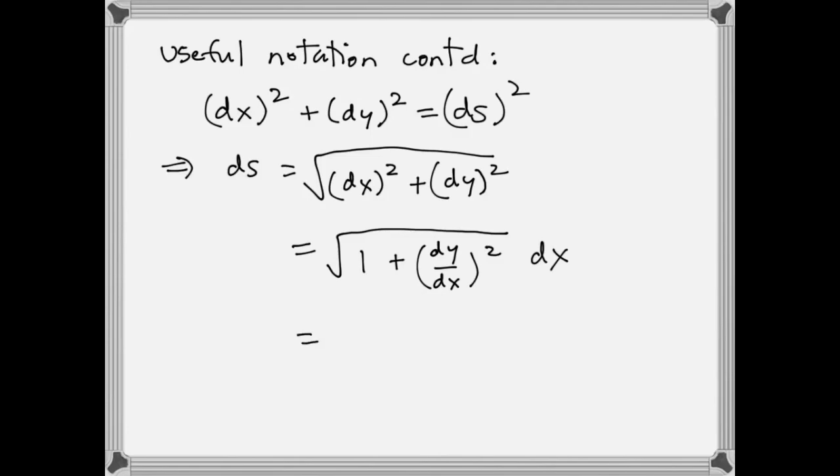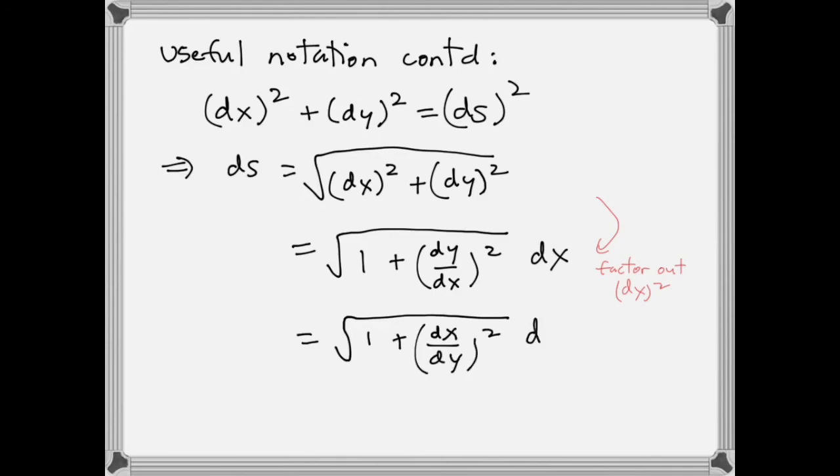So this is if I factor out a dx squared from the radical, right? And what happens if I factor out a dy squared from the radical? I get 1 plus dx/dy squared dy.